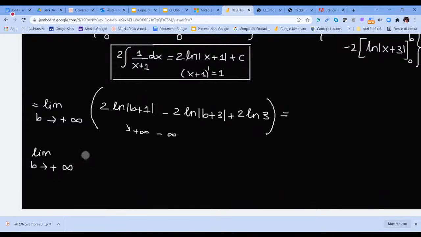We can rewrite this difference, so it is 2 times logarithm of b plus 1 minus logarithm of b plus 3. That means I can use the rule of the logarithm and then substitute the absolute values, minus 2 times logarithm of 3.